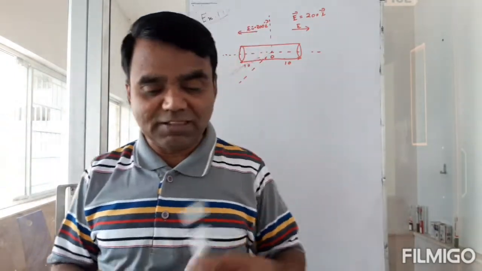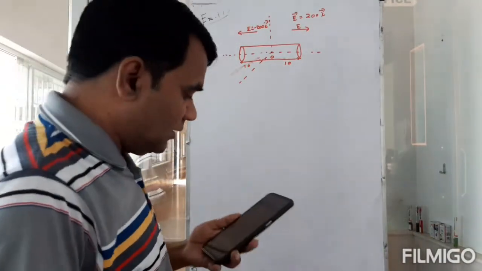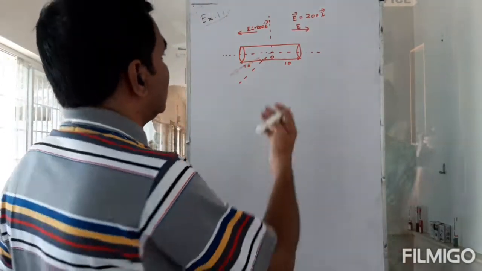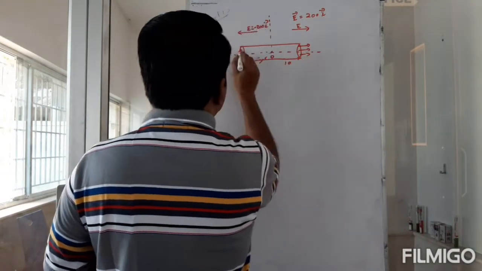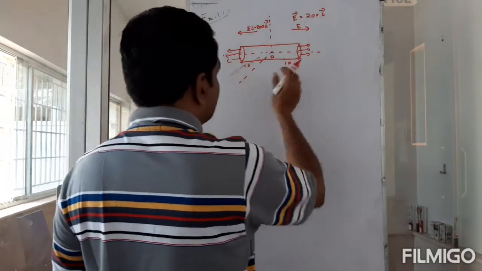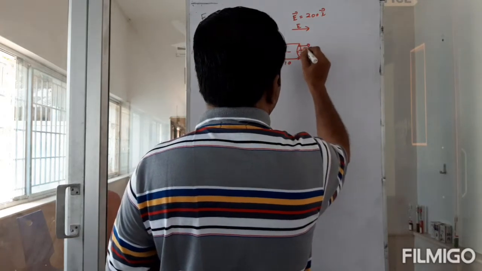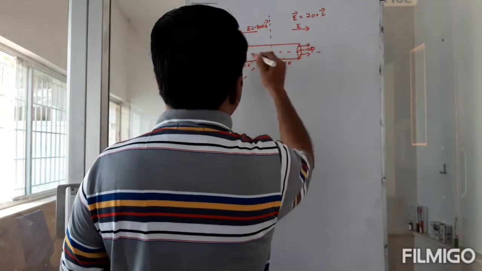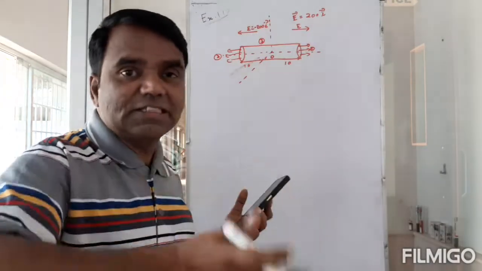So, coming to that, I need to find the flux through the flat surfaces. E is in this direction now, and E is in this direction now. Now, how do I find the flux? I call this surface 1, this is surface 2, and the curved surface is 3.